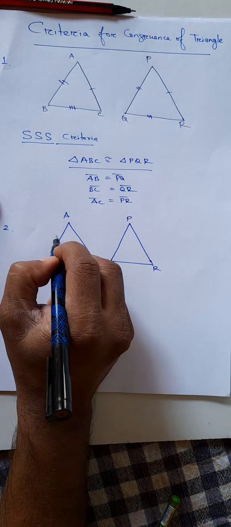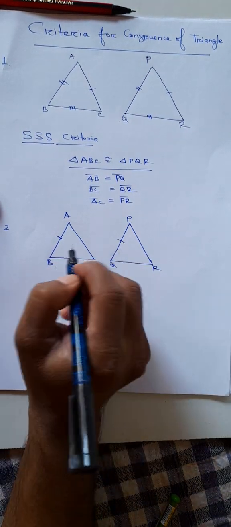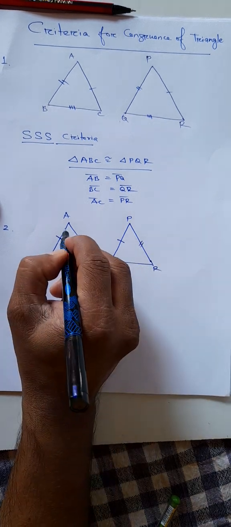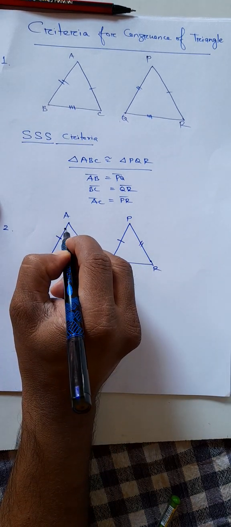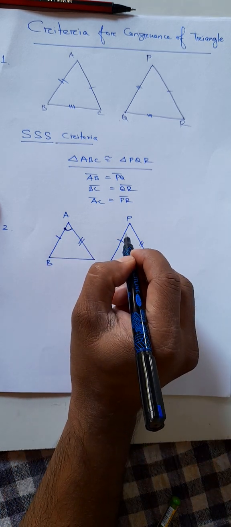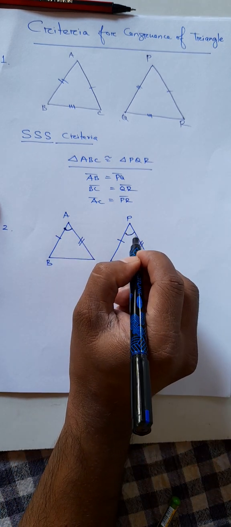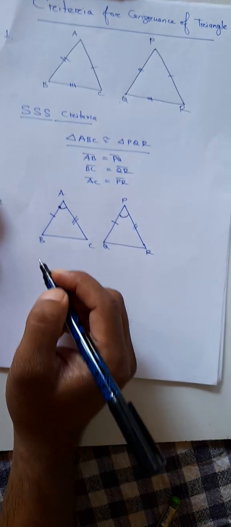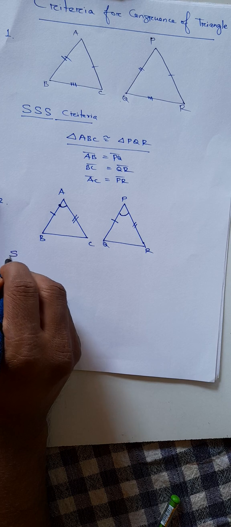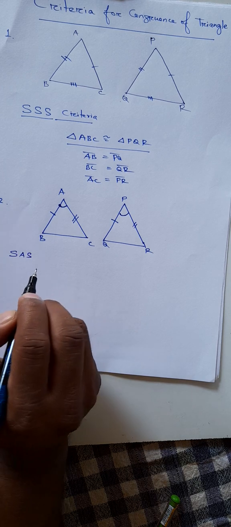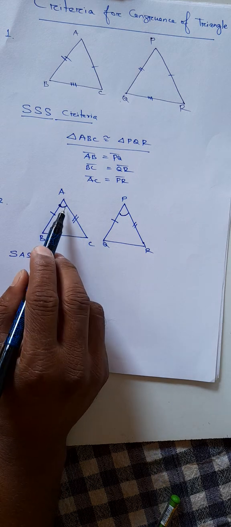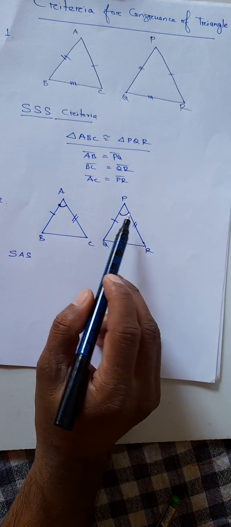Suppose you are given AB equal to PQ, AC equal to PR, and the angle included by these sides is equal to the angle included by these sides. Then these two triangles are said to be congruent. And this criteria is called SAS. That means two sides and included angle. Here also two sides and included angle.